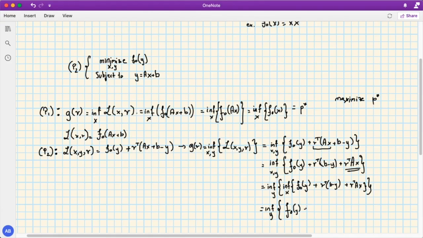And thus, what I get, let me just get there first of all. So, plus the infimum over x of the term nu transpose Ax.